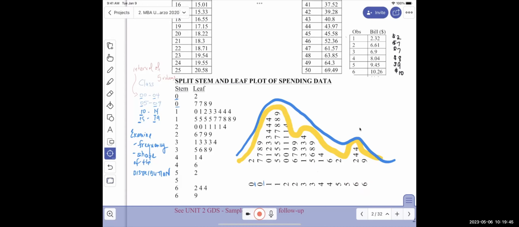This group here is spending over, let's say, 60 times 4, that's $250 over here. And this whole group, up to here, is spending about $200. So that's very interesting.